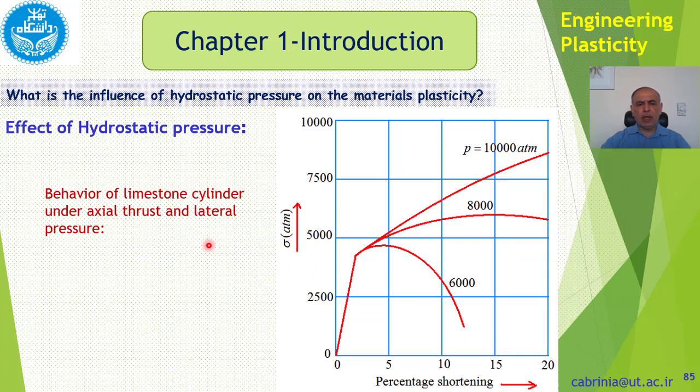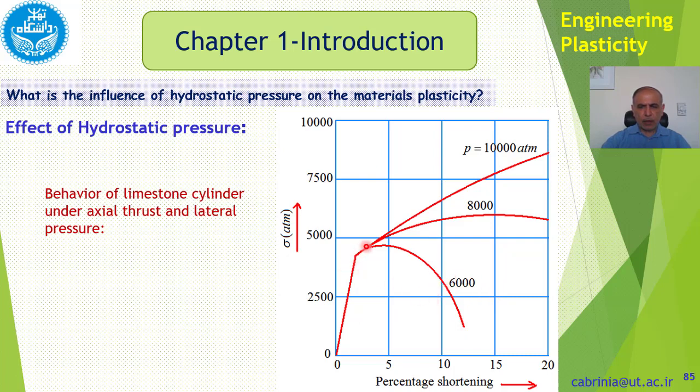So we have put a limestone cylinder, we have loaded it with the axial thrust. It means that if the cylinder is in this direction, the axial thrust is also in this direction, and the lateral pressure, of course, is the hydrostatic pressure.